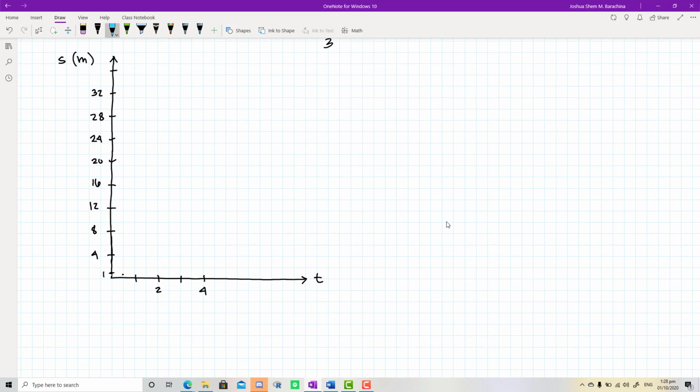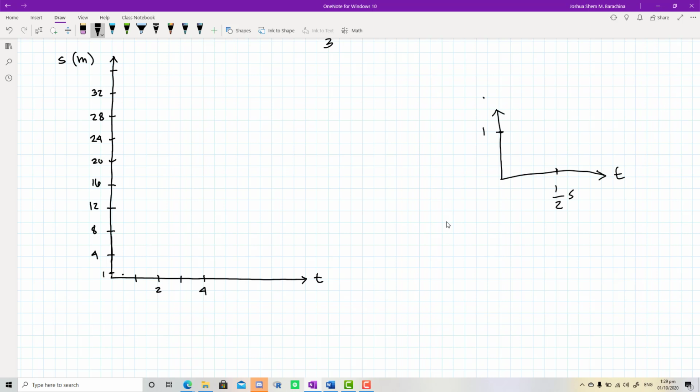So, I'll make a bigger scale here on the side so you can see it properly. This is 1/2 second. And this would be 1.